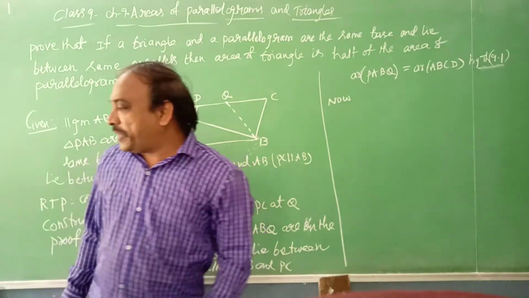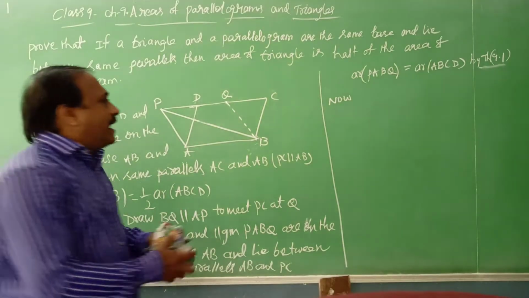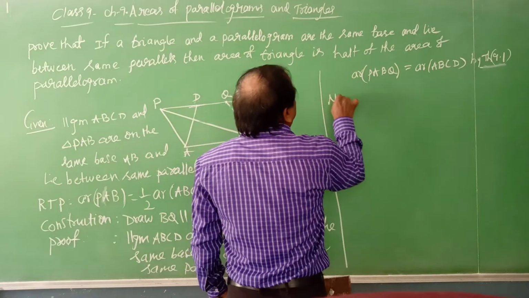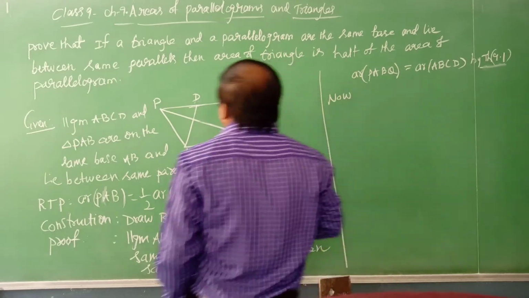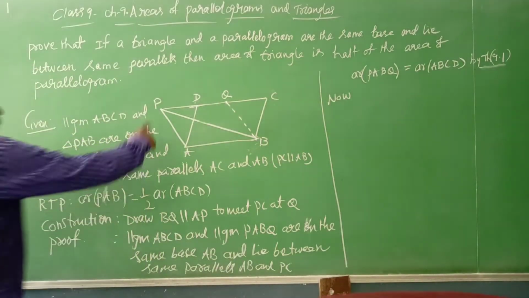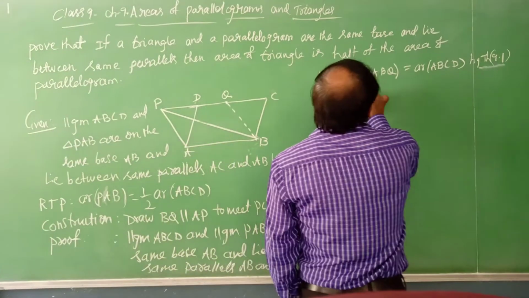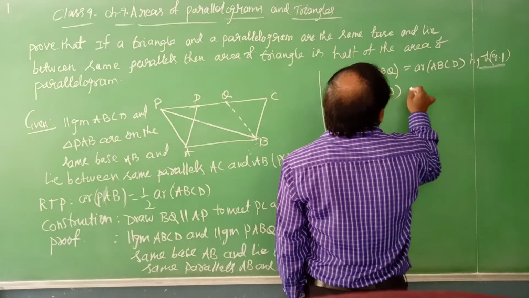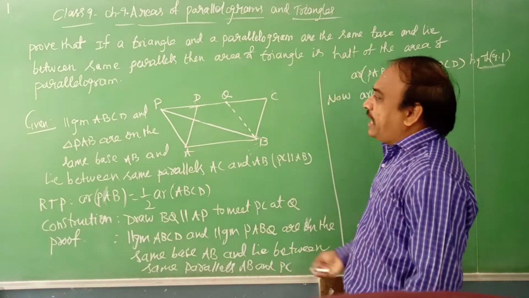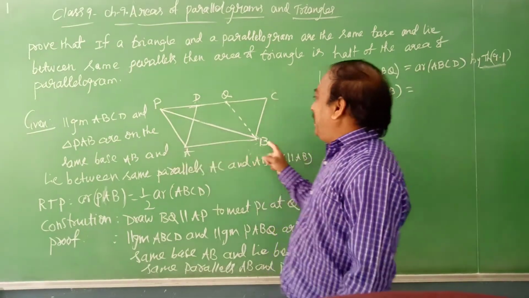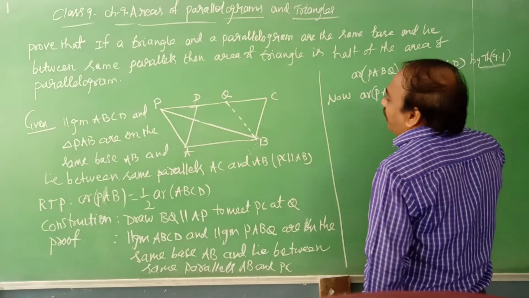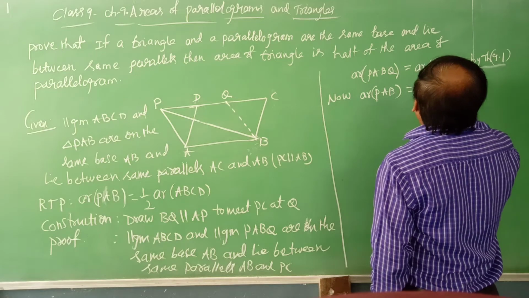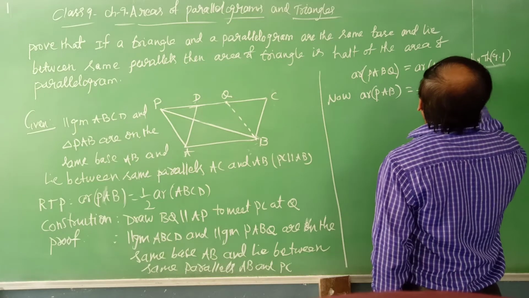The area of triangle PAB is equal to half of the area of PABQ.